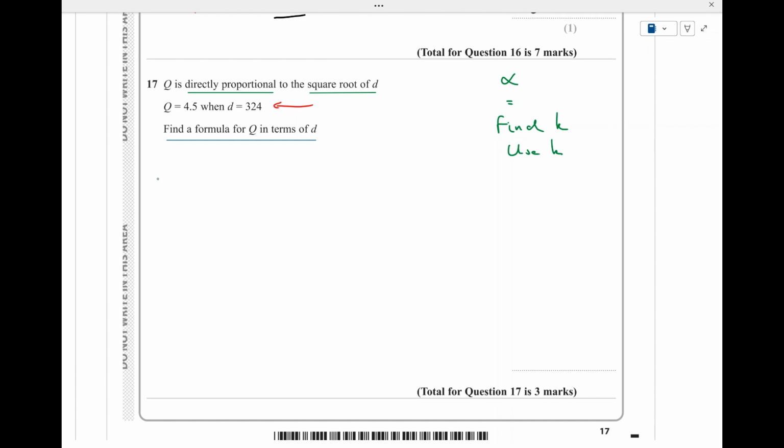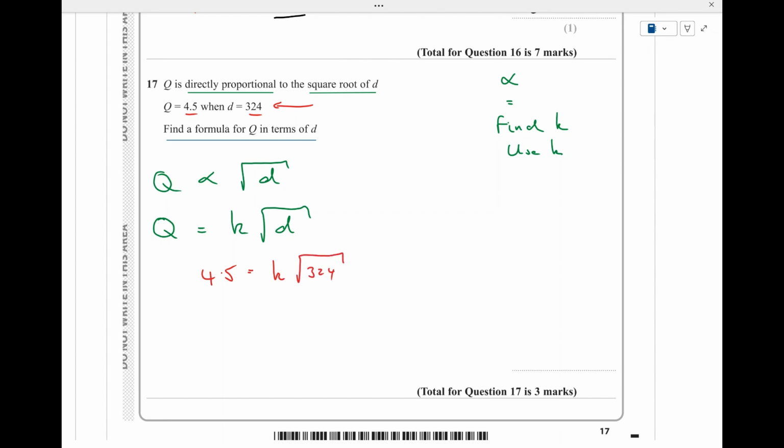So Q is directly proportional to the square root of D. Fish sign, right, equals. Q equals K times the square root of D. Now, I'm going to use these red numbers. So I know that 4.5 equals K times the square root of 324.